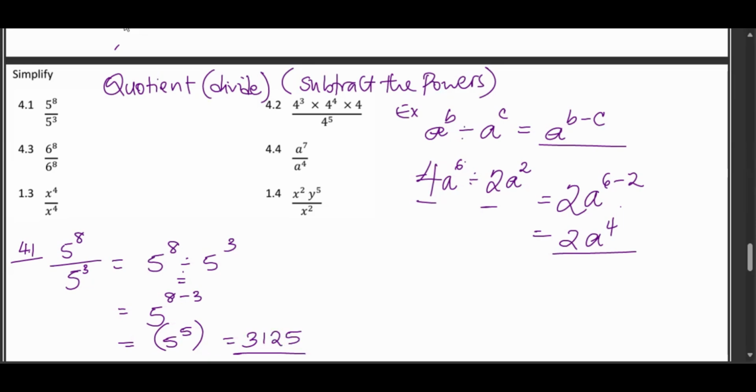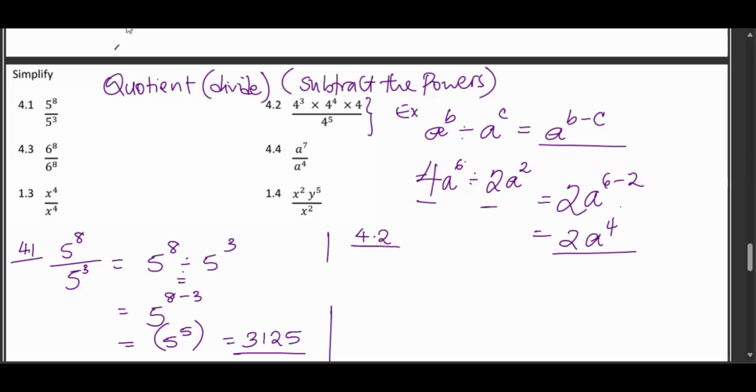Okay, let's look at question number 4.2. We have a lot of numbers, but they all have the same base. First and foremost, these are combinations. The one on top, we are going to use law number 1, which says when you're multiplying bases, you add the powers.